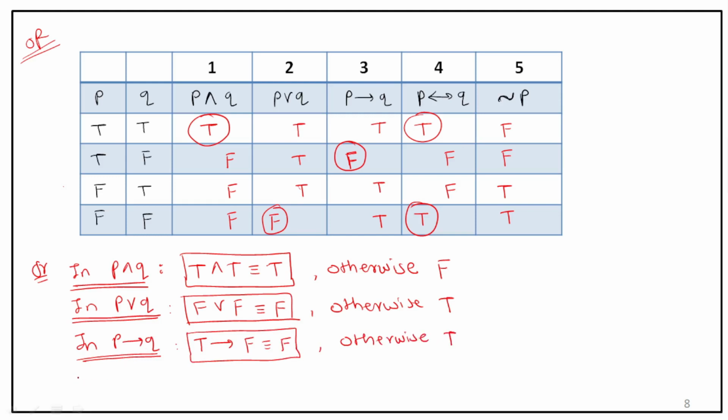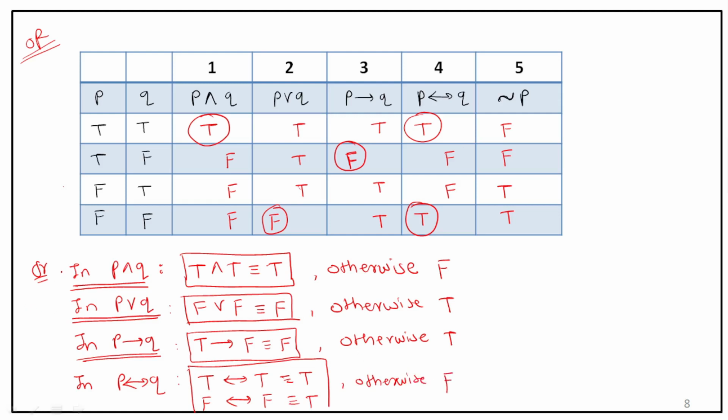One more, in P if and only if Q, here T if and only if T is true, F if and only if F is again true, and otherwise that is the false.